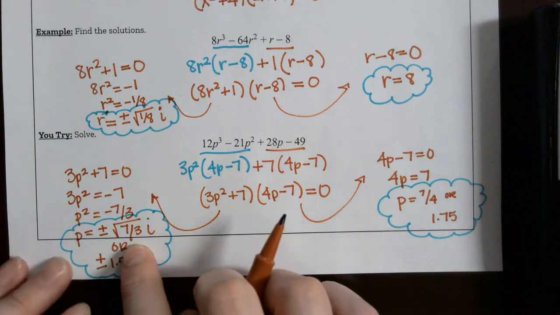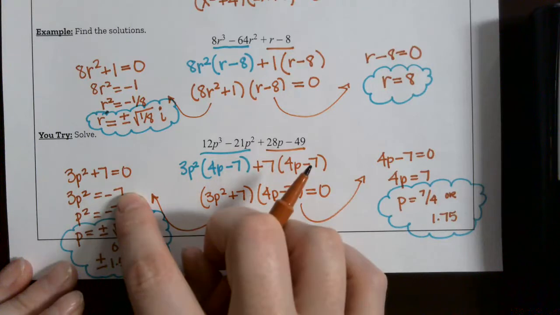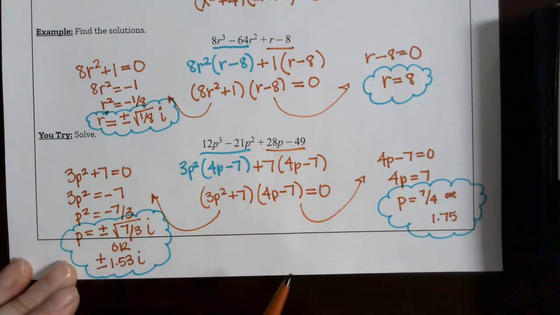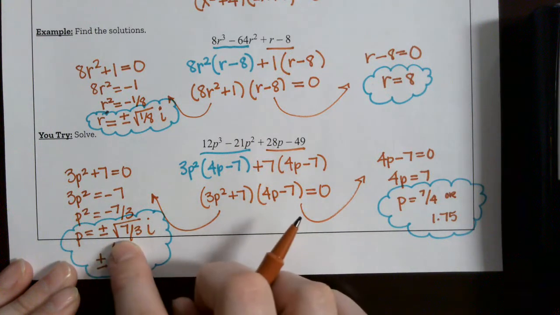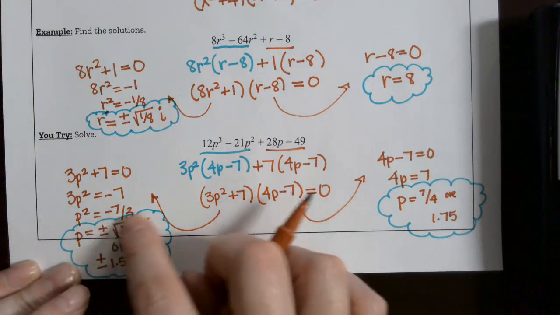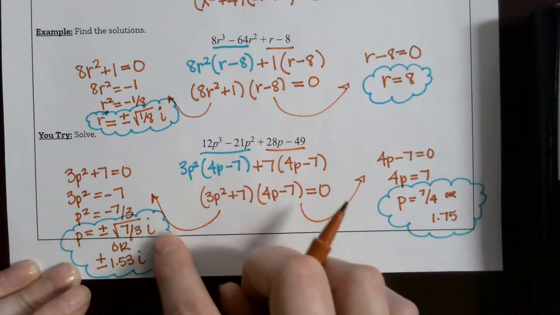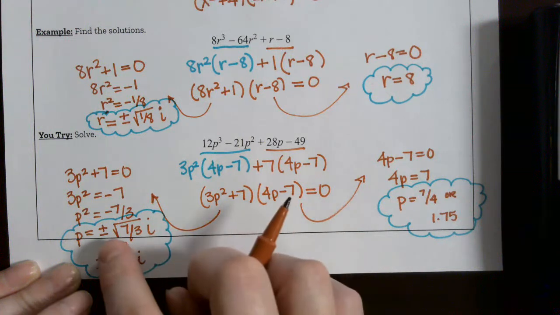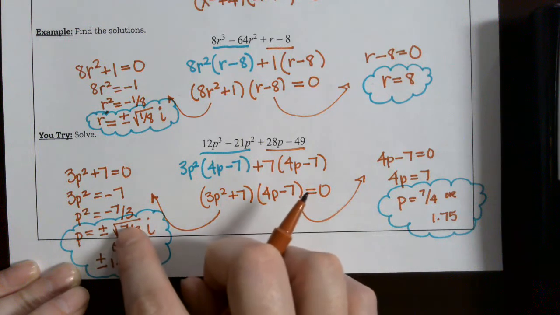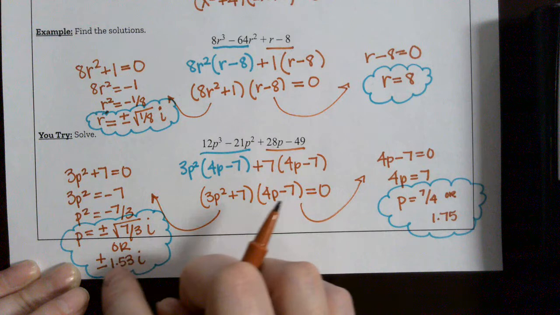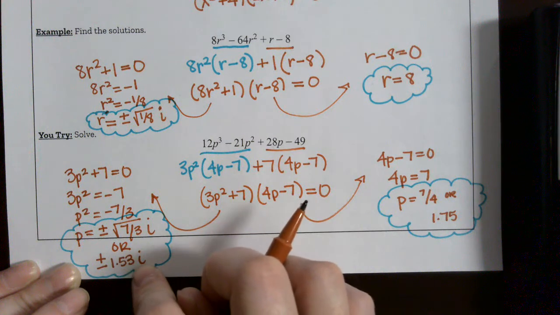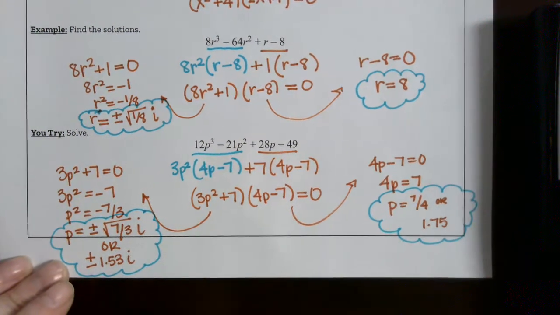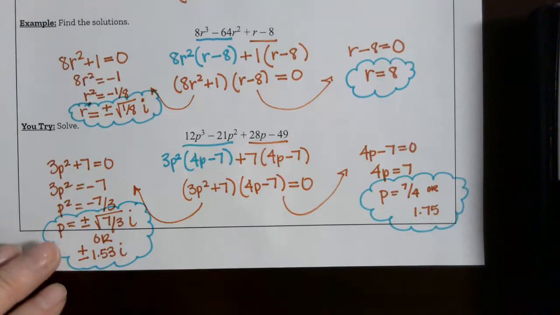And then this one over here, I subtracted 7 from both sides, divided by 3 on both sides, and then when I take the square root, since I'm taking the square root of a negative number, my answer needs to have an i to represent the imaginary number. And I get plus and minus the square root of 7/3 i, or plus and minus 1.53 i. So those are my answers.